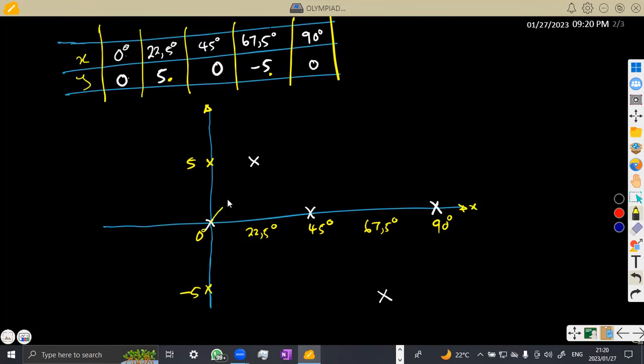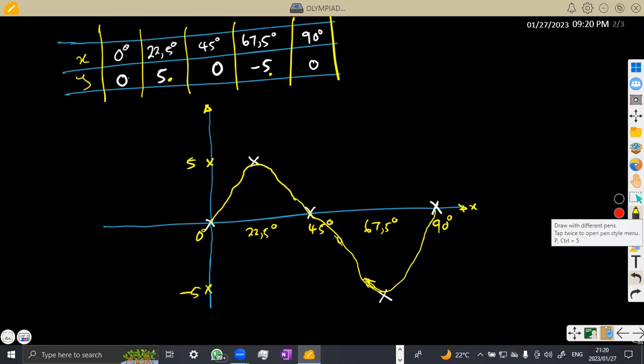Okay, so if you are to join these points, you're going to have something of this nature. All right, this is just a sketch, but you're supposed to produce something which is neater than the one that I'm having here. Okay, so this is the graph of y equals 5 sine 4x.